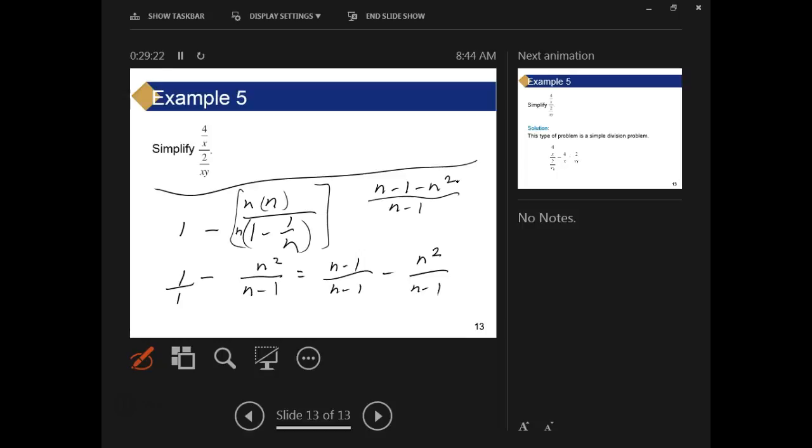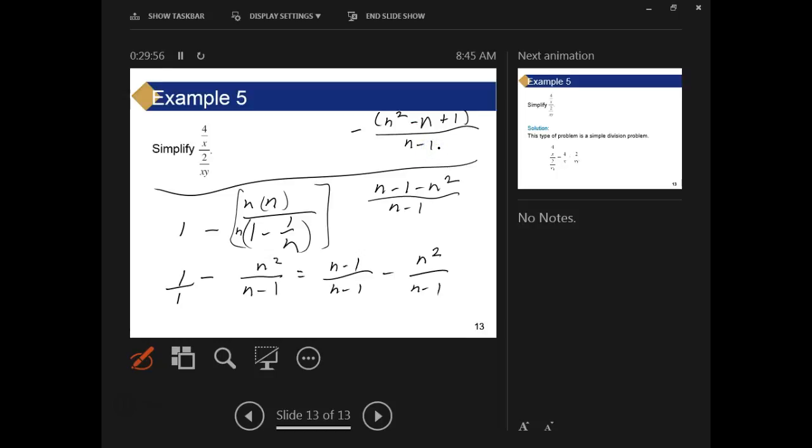First, I'm going to factor out a minus 1. So let me put a minus in front. That makes everything in the numerator change signs. So that'll be an n squared because it was a minus n squared, a minus n because it was a plus n, and a plus 1 because it was a minus 1. And then divide that by n minus 1.